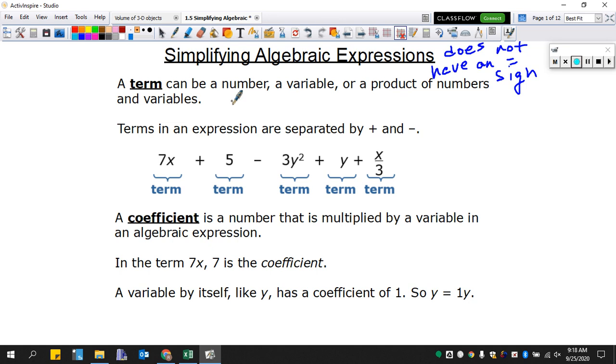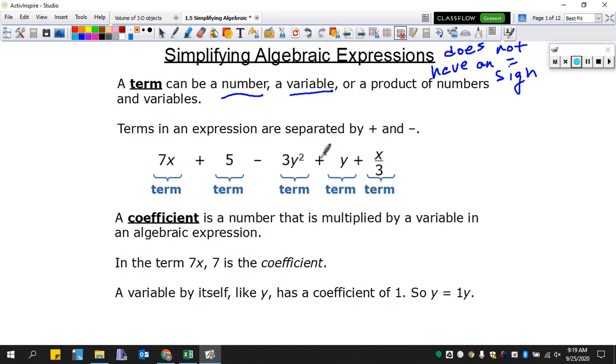A term can either be a number, a variable, which is a letter, and it can be any letter. Most often we use x or y, sometimes a, sometimes b and c, or it can be the product of numbers and variables, where product means multiplying a number and a letter, or if we divide it like this, which is actually a product. And I'll show you that in a minute.